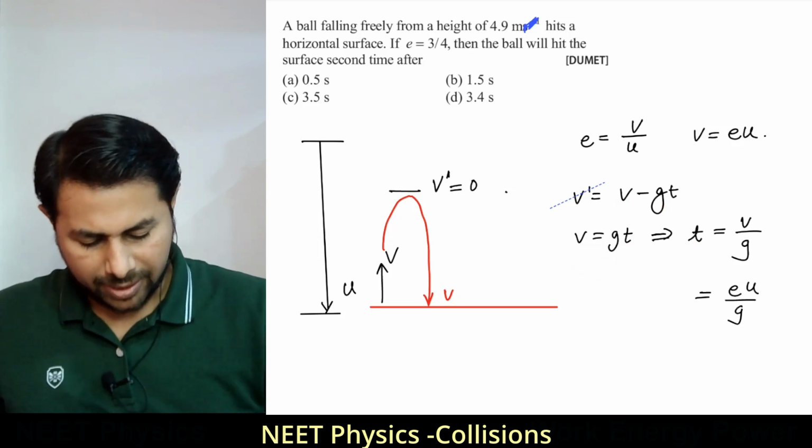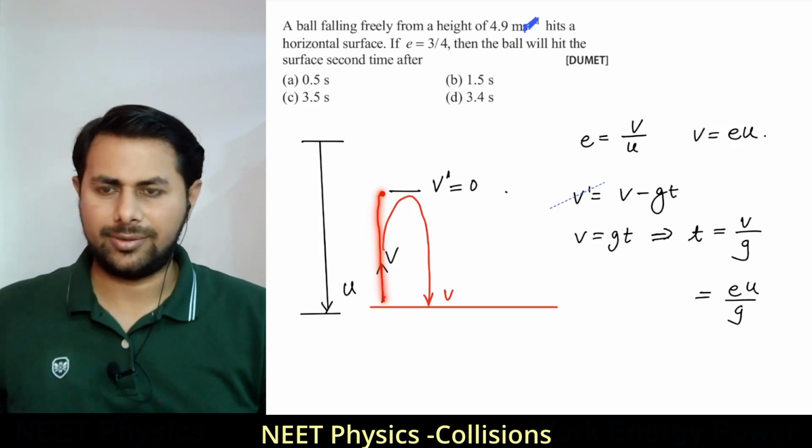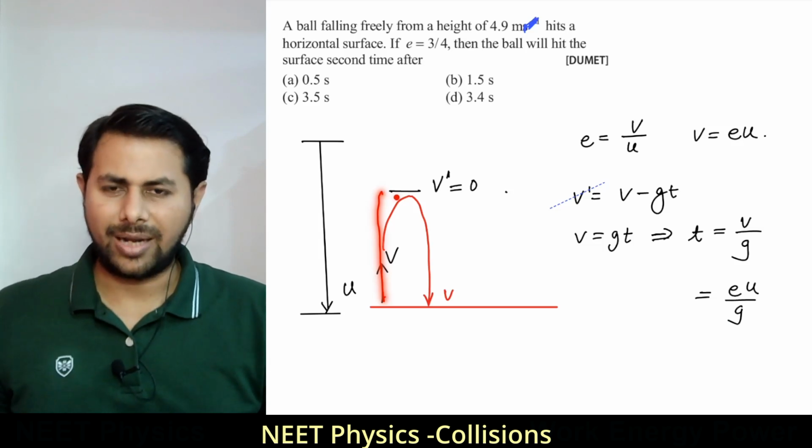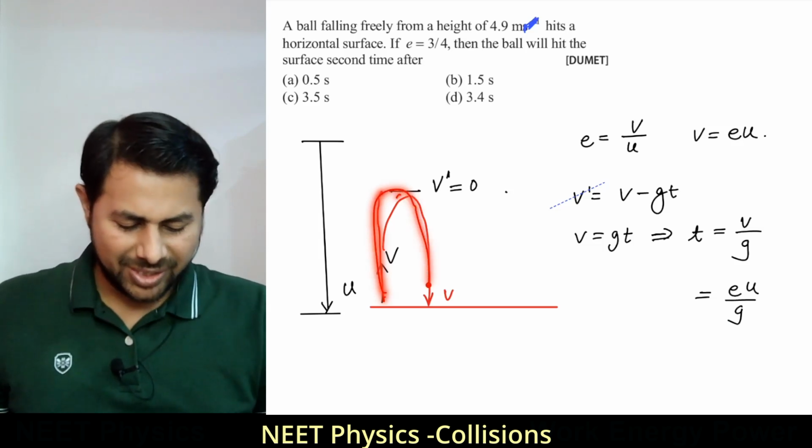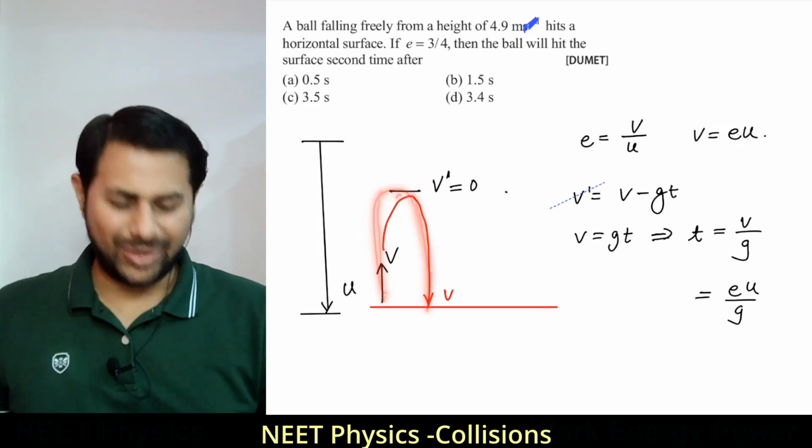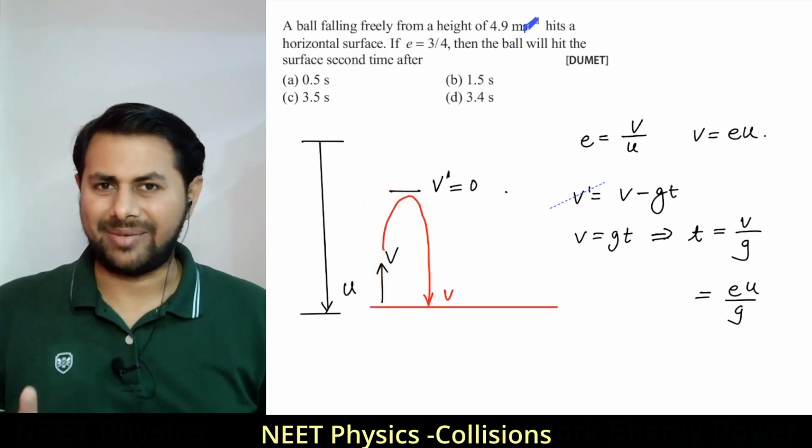So this is the time taken by the ball to go up to this height. But we want the time after which it again hits the ground, so that will be 2 times this time.